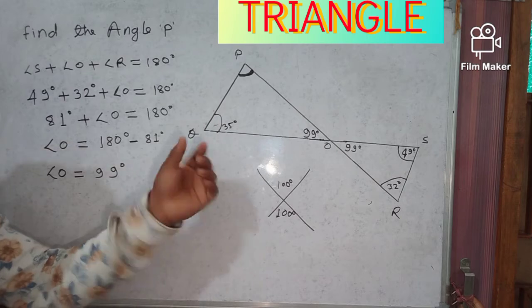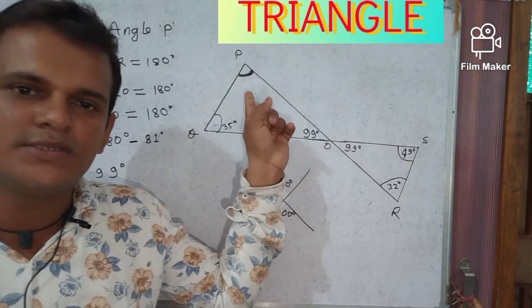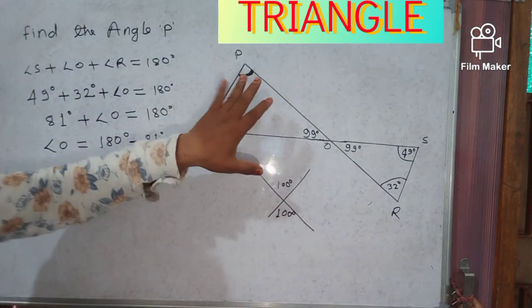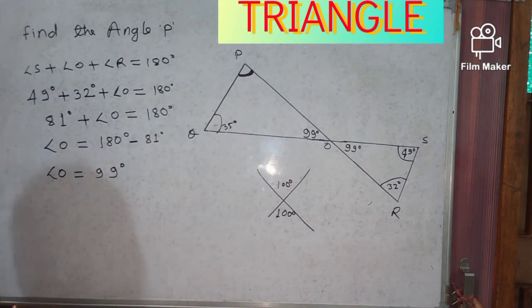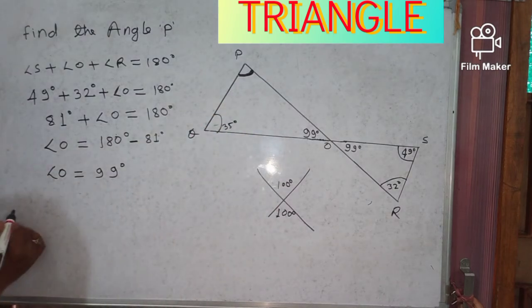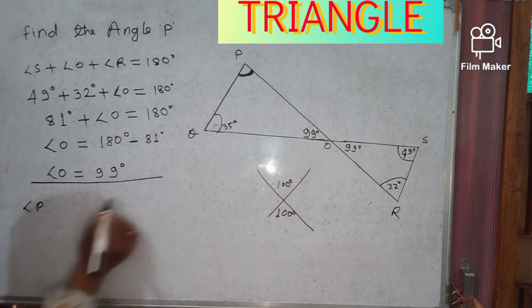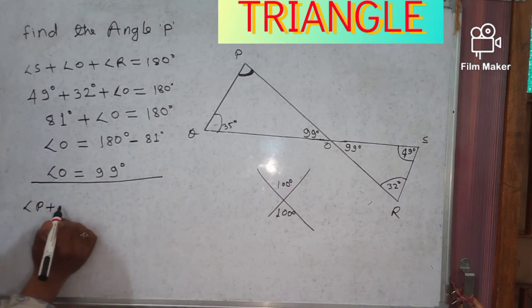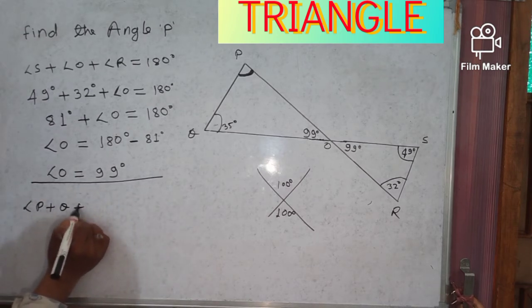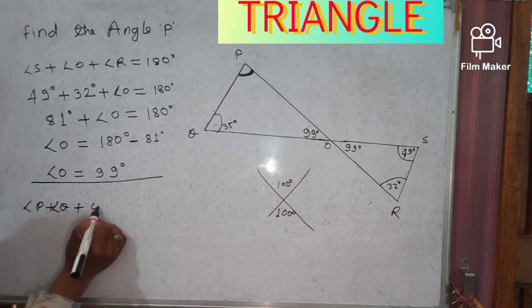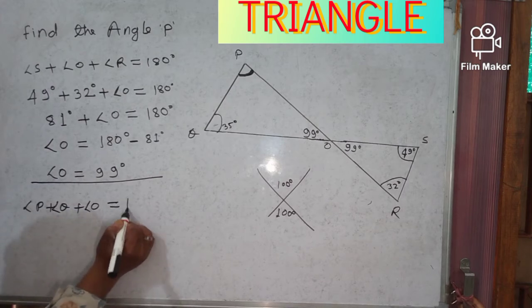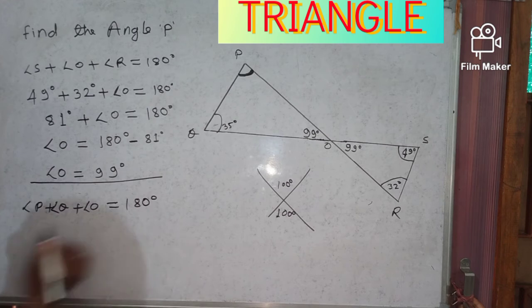Now we have two angles available in this triangle. Our target is to find only P. So see here, angle P, angle Q and angle O is equal to 180 degree.